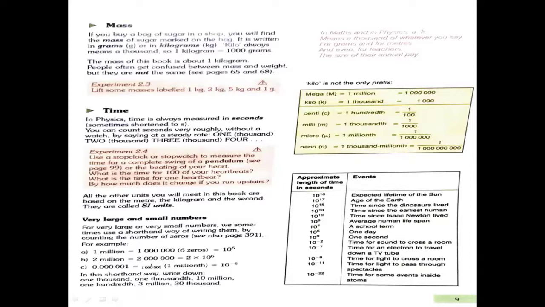Here in physics particularly, time is always measured in seconds, and we can see the different conversions of time. Also we can see the SI units, and how we can use time in different units.